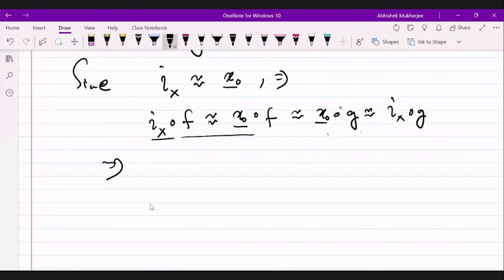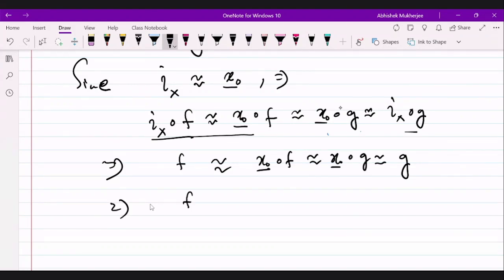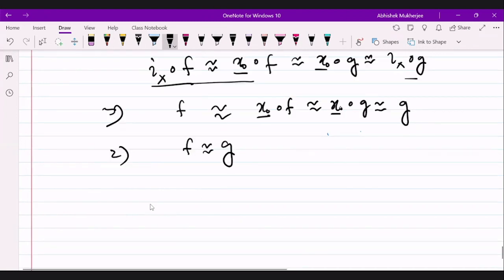Therefore, from this one, you will have F, and since the relation of being homotopic is a transitive relation, you can say that this is G. So by using transitivity, F will be homotopic to G, right?